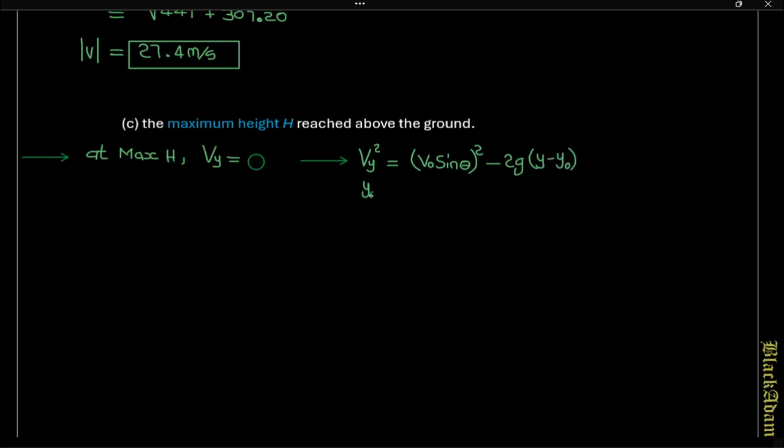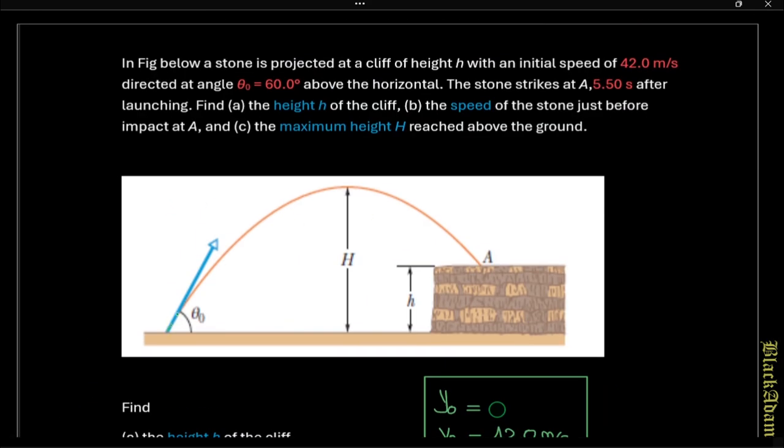Alright, so let's get the information right. Initial height is from the ground level, so it has moved from the ground level going up. That's the maximum height. Vertical speed is 0, horizontal speed is unknown. You can calculate that if you want, but the max height, that's h, that's what we need to calculate.